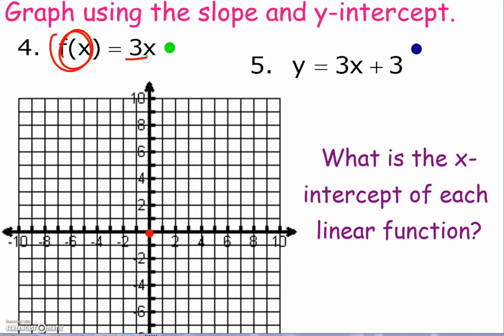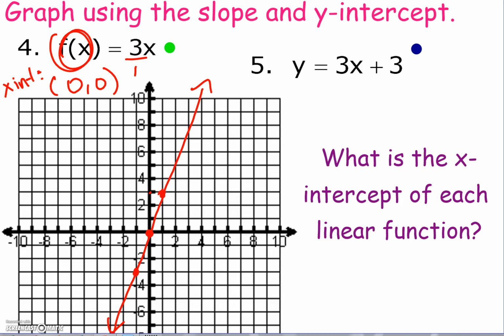And then my slope is going to be rise over run, which is 3 over 1. 3 over 1, and go backwards because you're algebra. 1, 2, 3 over 1, so it stays positive. There is your linear function graphed. Our x-intercept is going to be 0, 0 because it goes through the origin.